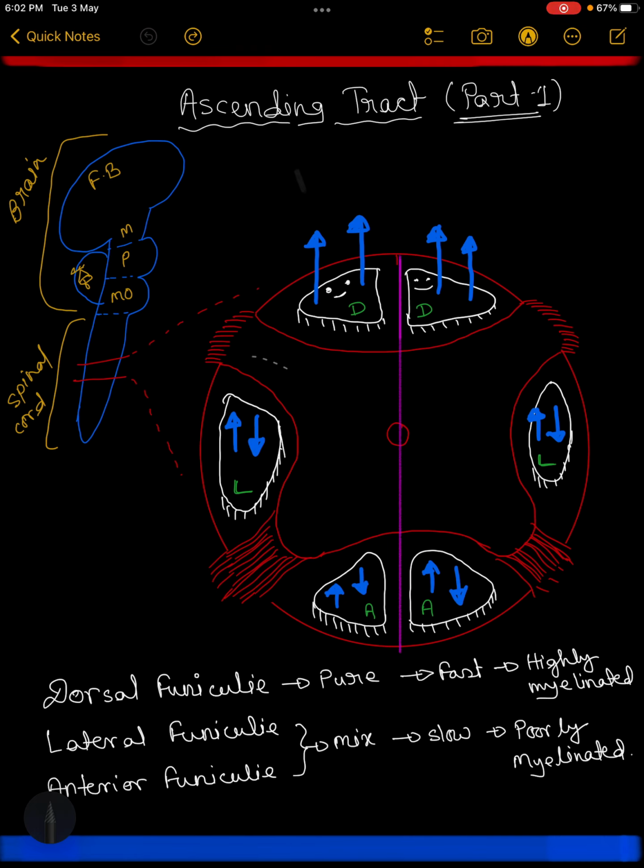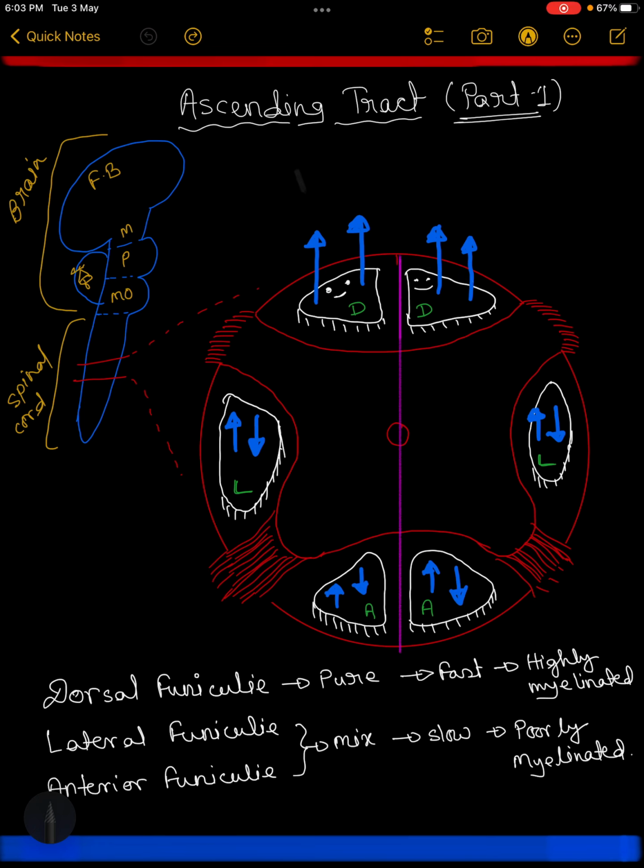In the central part, we all know, there is gray matter, which is butterfly shaped. And on the lateral side we can find the white matter.